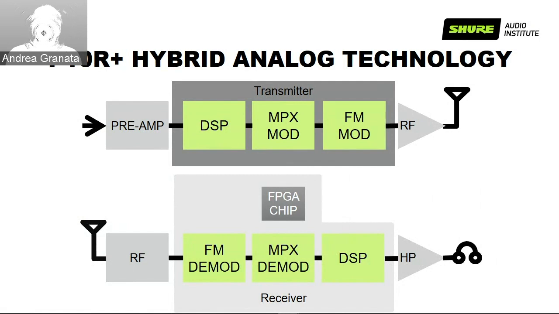I can guess that at some point we will have a digital multiplex modulation system approved by FCC that will work enough for our in-ear monitors, but for the time being, this is definitely the state of the art, and it's the best compromise we can have between stereo transmission, audio quality, and the reliability that is absolutely increased because of the use of an FPGA.